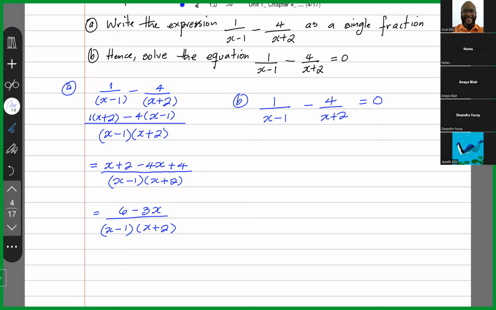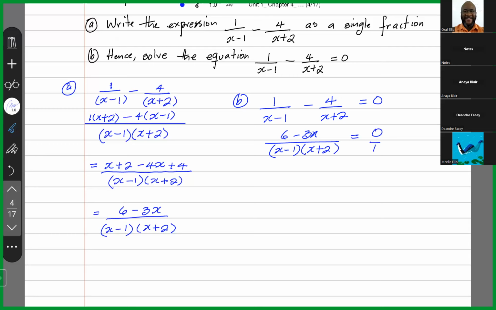Essentially, hence is saying what you did in A must be used in what you're going to do in B. Now, in A, 1 over x minus 1 minus 4 over x plus 2 worked out to be 6 minus 3x all over x minus 1 multiplied by x plus 2. And so this is equal to 0.